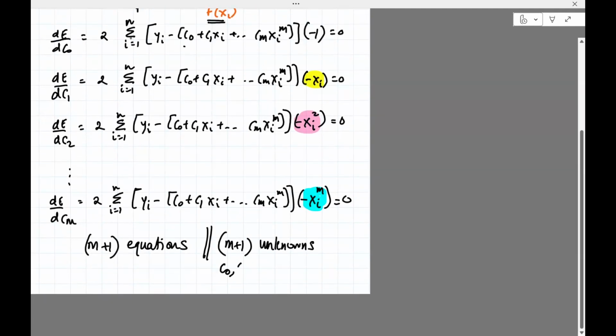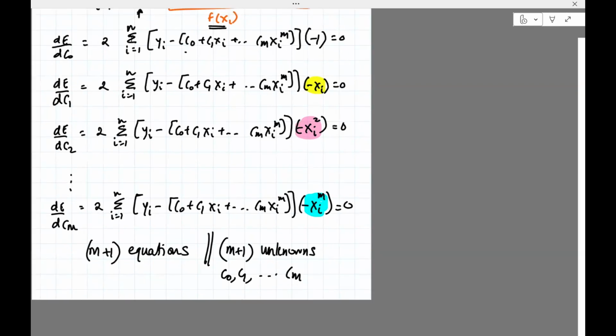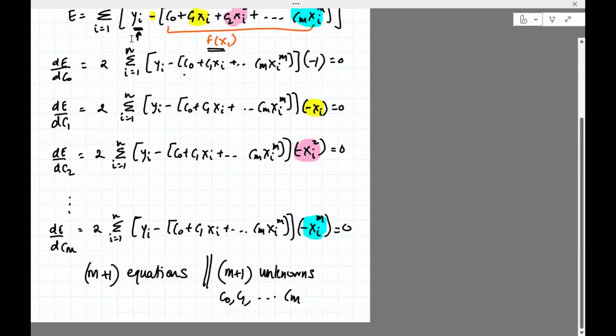So these are C0, C1, so on till Cm. What we can do in this case is nicely pluck out C0, C1, C2, because you notice that C0, C1 are all constants. So we can actually write a matrix from all these equations. The matrix would look something like this.